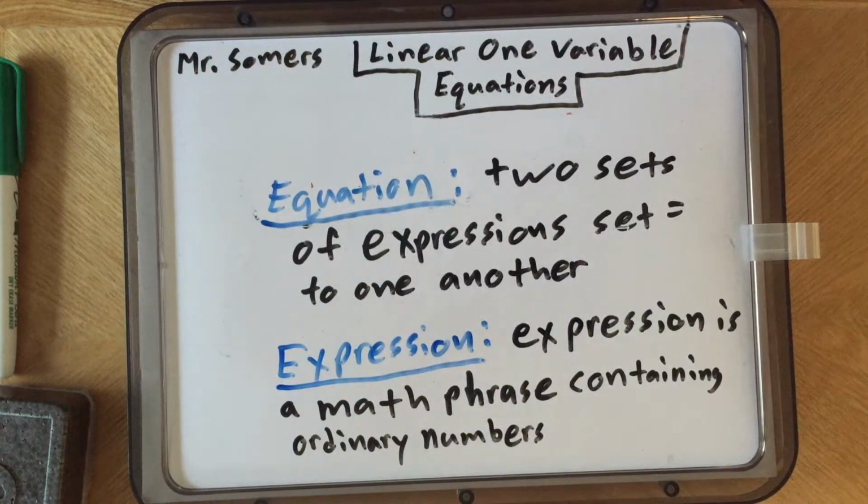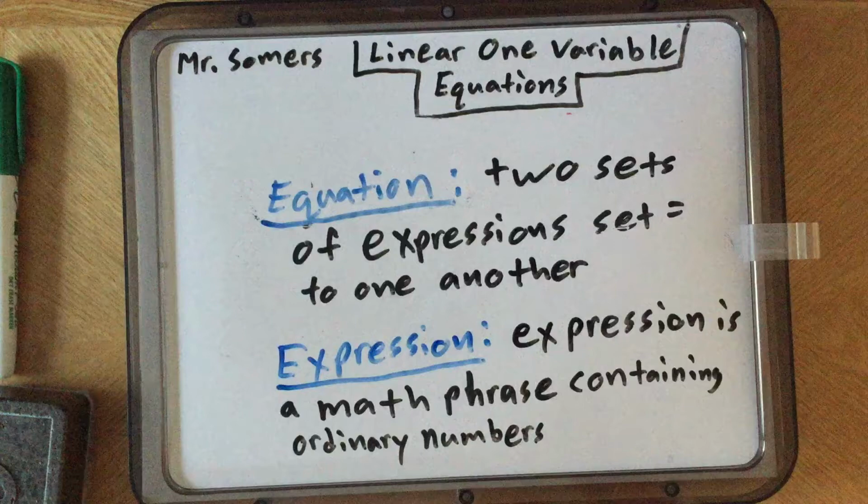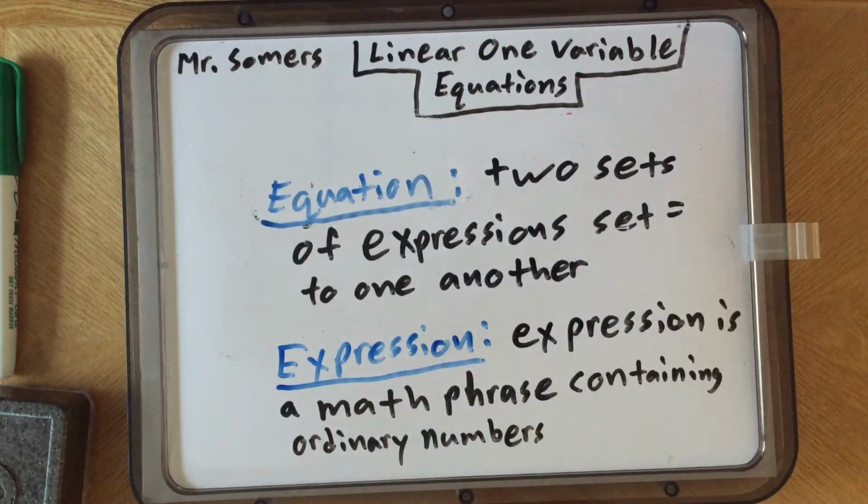So let's get started, and we'll take some notes and copy these two definitions down. An equation is two sets of expressions that equal one another. An expression, just in case you're not sure, is a math phrase containing ordinary numbers.